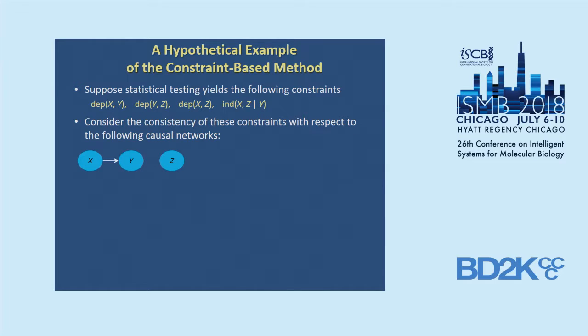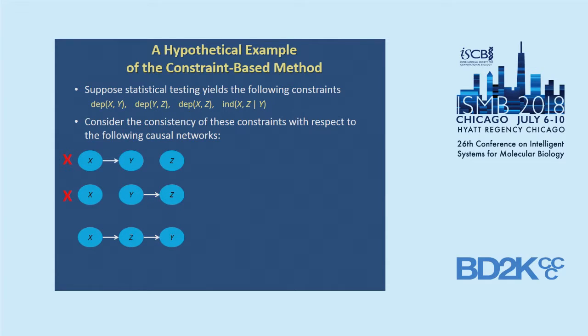I'm calling on your intuition about causation, but we can make this mathematically rigorous. So we'll put an X by that. What about this one? No, for a very similar reason. X and Y are dependent in the data, but this model doesn't provide any mechanism for X and Y to be dependent.